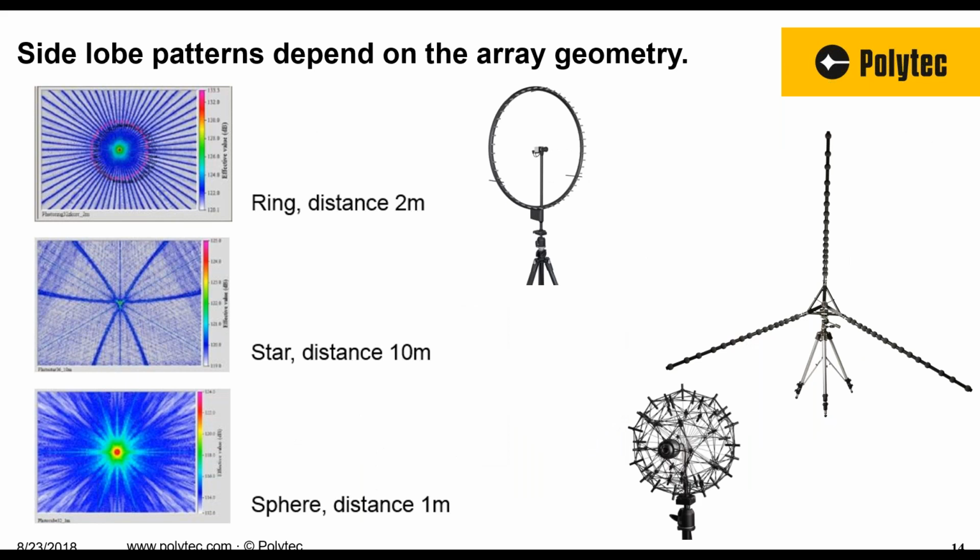So as mentioned, your array geometry will produce different side lobe patterns. When looking at the ring array, you get a ring pattern, as if you throw a pebble into a pond, you get the ring pattern coming from the position of where the stone hit the water.